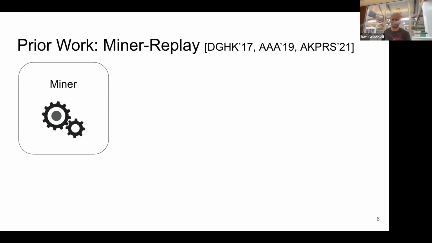Now if we dive into some of the prior academic work, there is this cool paradigm called miner replay, which was introduced 5 years ago. There have been follow-up works, but the main idea utilizes this asymmetry in a lot of blockchain systems.